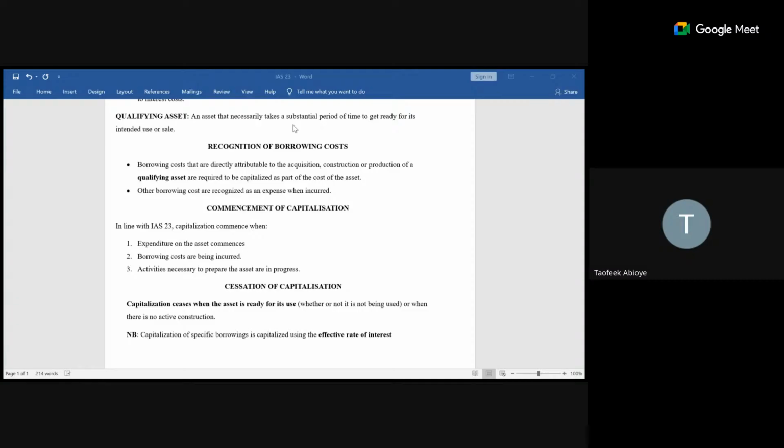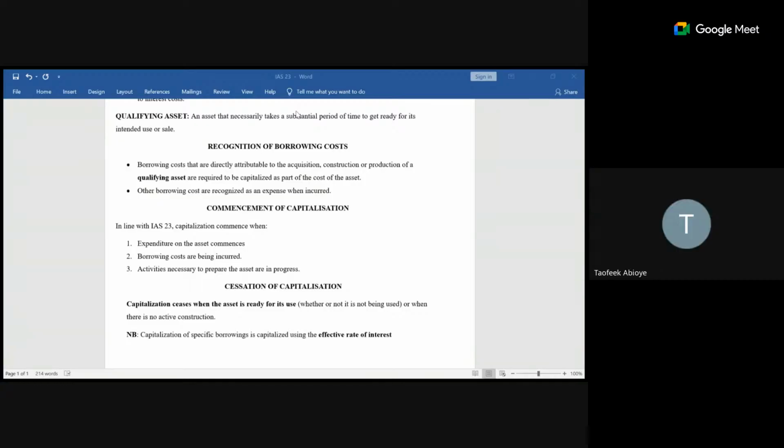IAS 23 says that when it is ready for use, we should stop capitalization. So that is 31st May 20x5. How many months is this, from November to 31st May? Yes, it's 6 months.